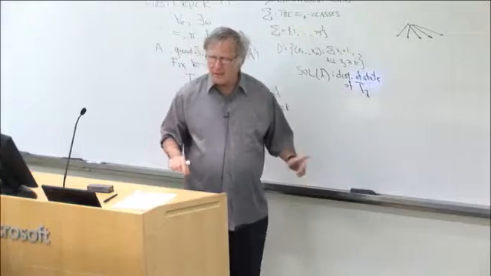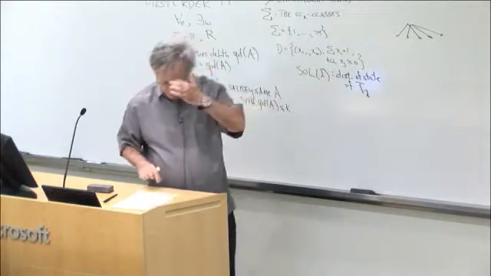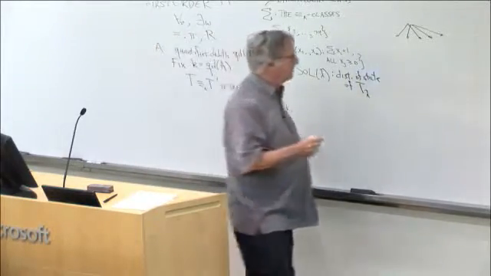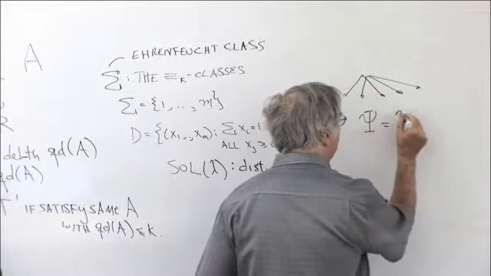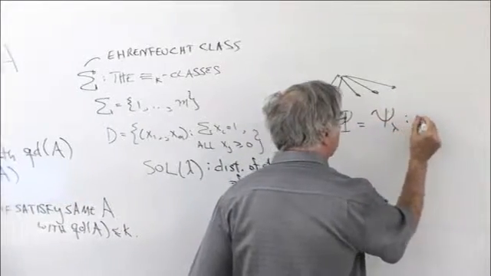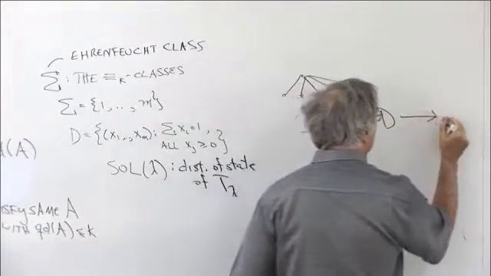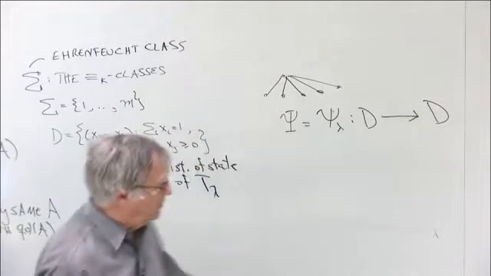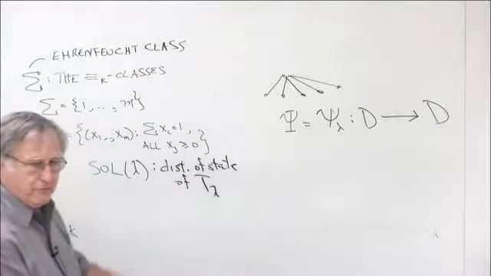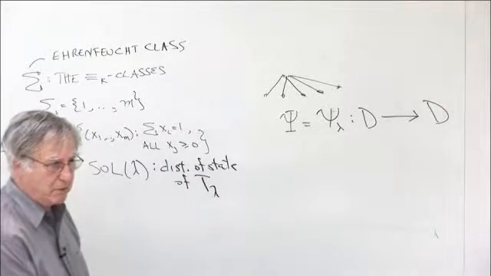So now I want to get the solution as a fixed point, and so I'm going to define a map psi, depending on lambda, from distributions to distributions, and the solution is going to be the fixed point of this map psi.